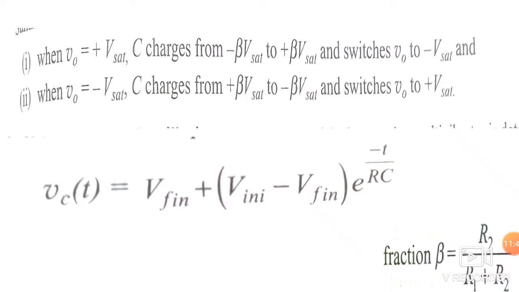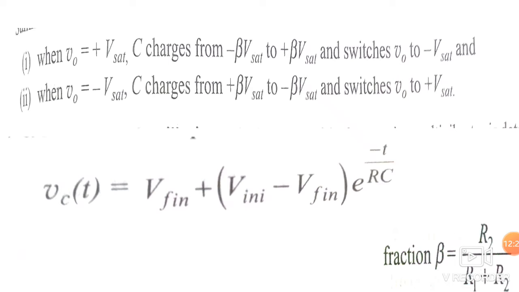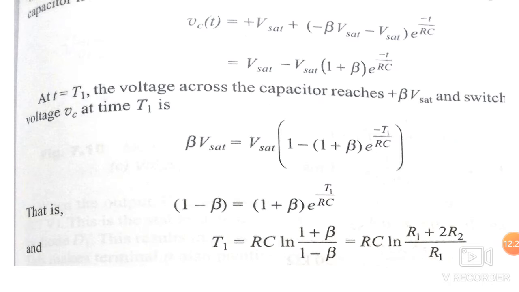VC(t), that is the output across the capacitor, is equal to V final, that is the potential up to which the capacitor will charge, plus (V initial minus V final) multiplied by exponential e power minus t by RC, where t is the time and RC is the time constant. Now V initial is the potential of the starting point.